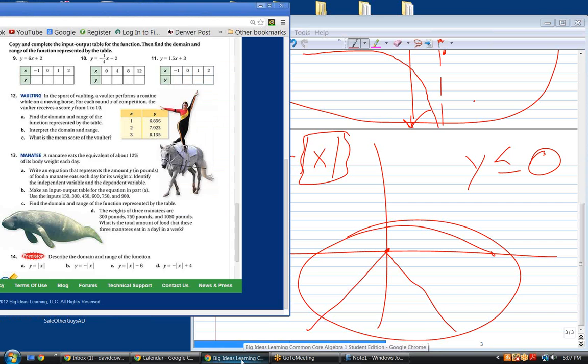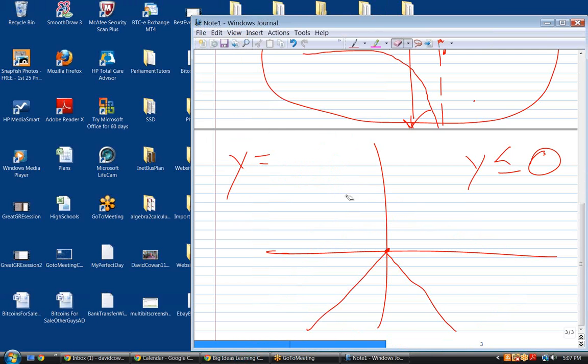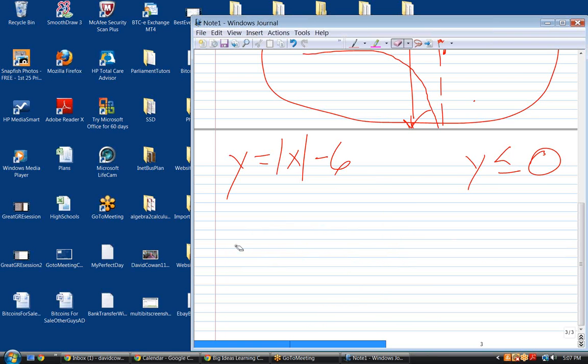y equals absolute value of x minus 6. Well, let's try to figure out what that might be without graphing it first. Domain?